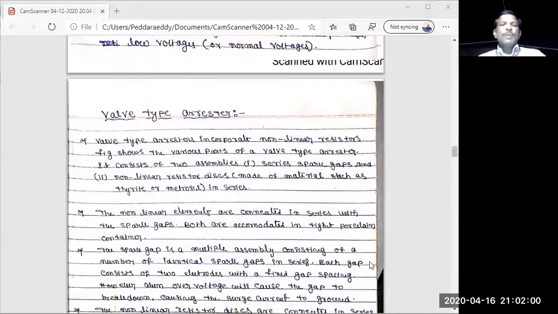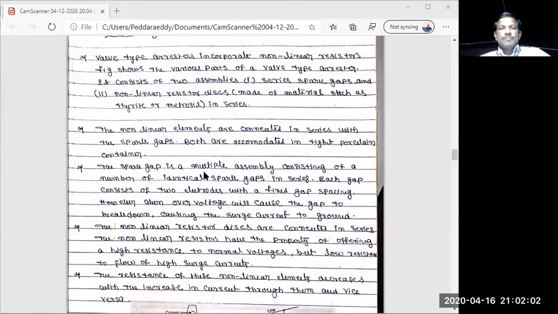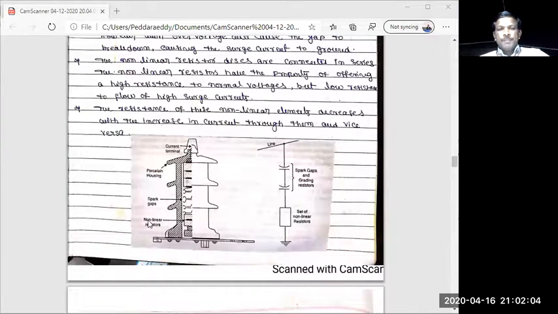Coming to the valve type arrestor, this is the basic diagram for a valve type lightning arrestor. You see a number of spark gaps connected in series and a set of non-linear resistances.